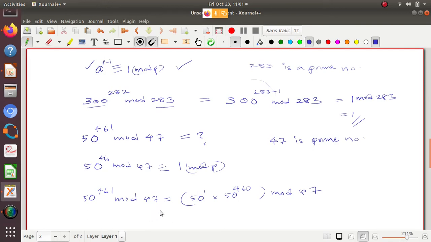By a property of congruences, a into b mod n is the same as (a mod n into b mod n) whole mod n.